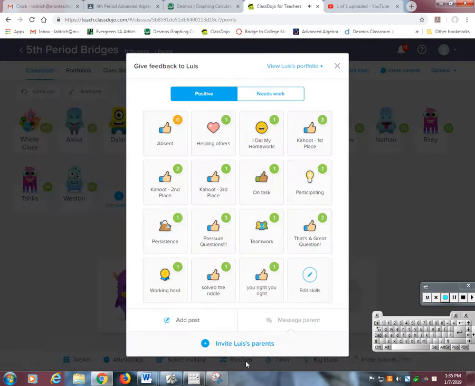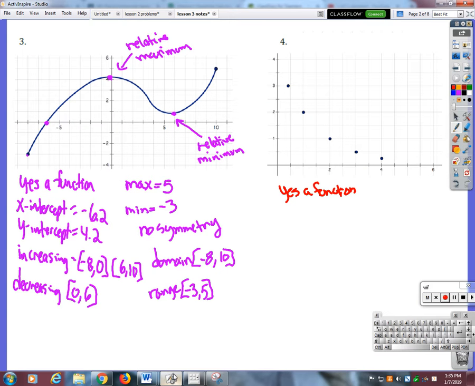X and Y intercepts. Where does this... How many points are there? Well, but you are trying to guess. But there's not a point there, right?